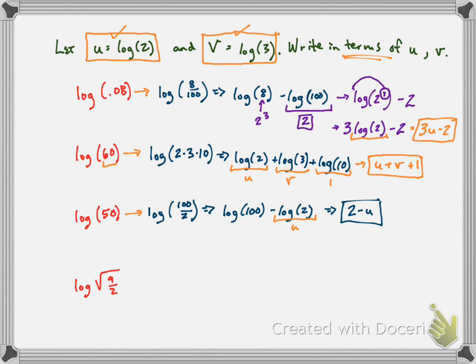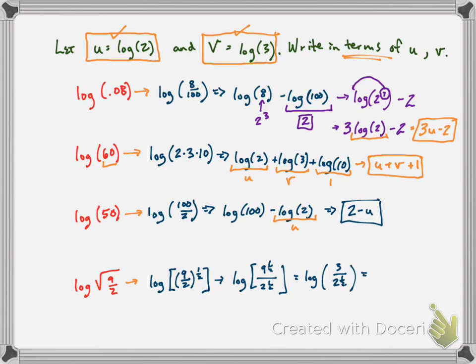Last but not least, the log of the square root of 9/2. Well, I could rewrite this initially, similar to what we saw on the first slide, as the log of 9 over 2 raised to the 1/2 power. That's a square root, which is the same as the log of 9 to the 1/2 power over 2 to the 1/2 power, which is the same as the log of 3 over 2 to the 1/2 power.